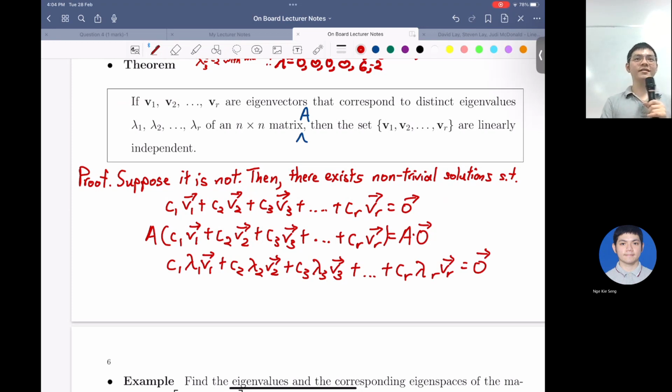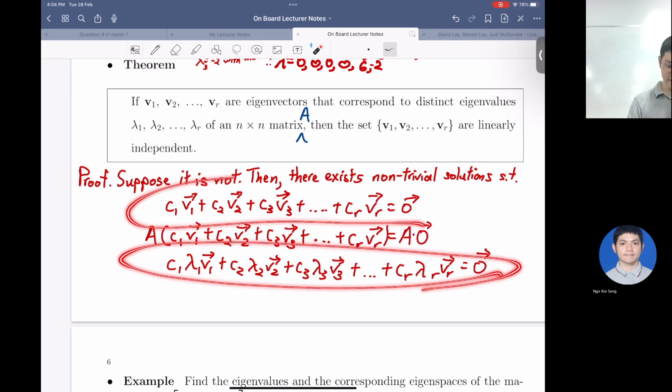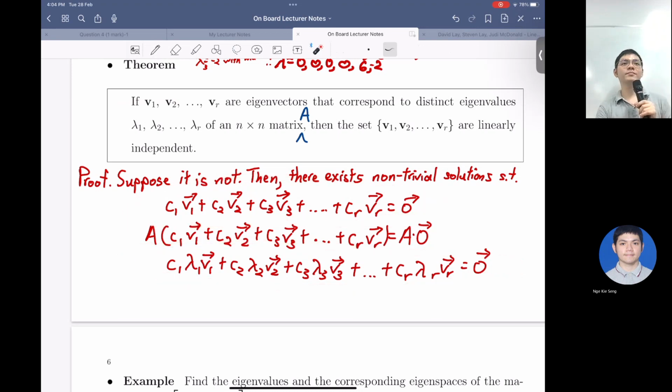This is what we get, but it seems not very helpful. Too much information here. You can see that this term is almost the same as this term, just some number multiplied by V1.